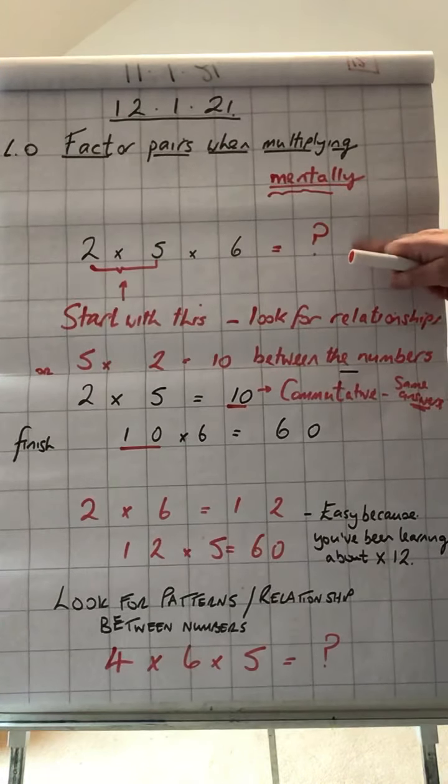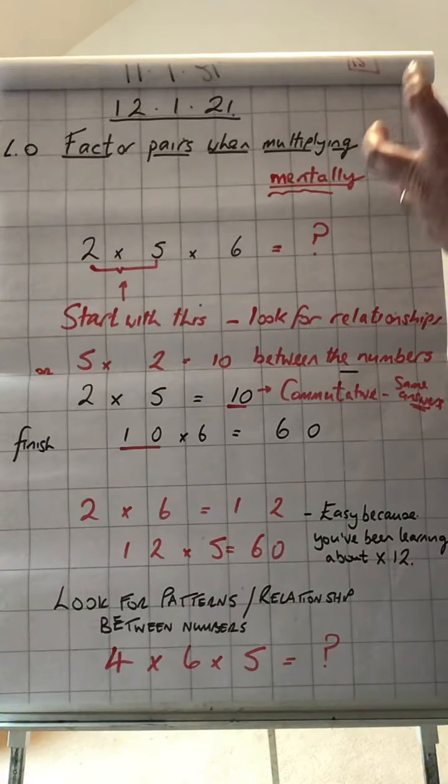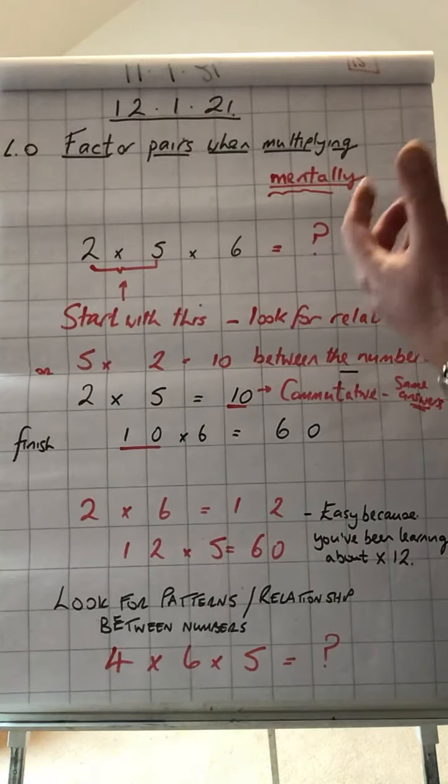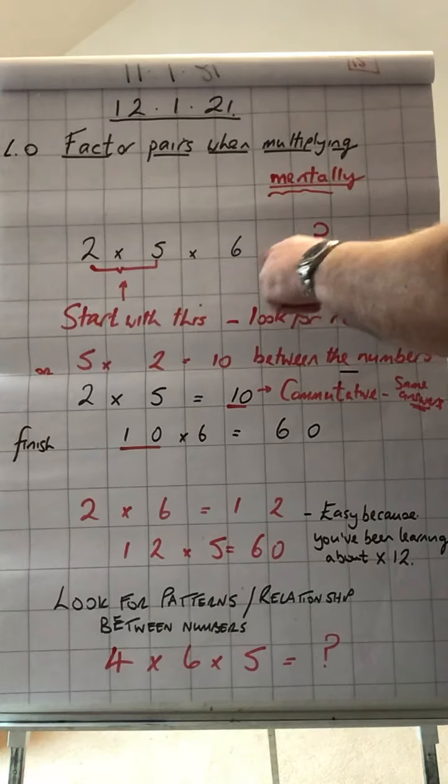So one example they give you: if you have these three numbers and you need to multiply them, 2 times 5 times 6, you should be able to look in your head at a relationship between two numbers, i.e. factor pairs, that when you multiply them together give you a nice round number which you can then use to complete the sum.